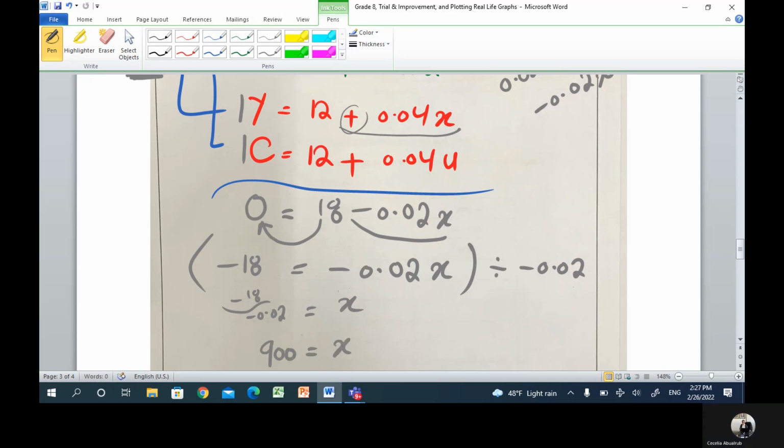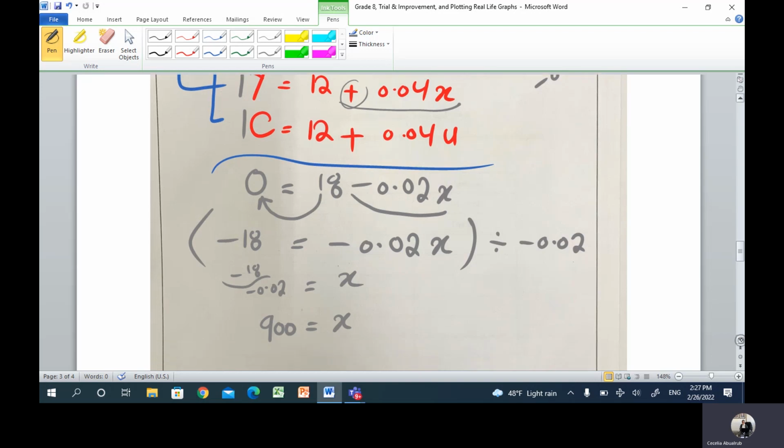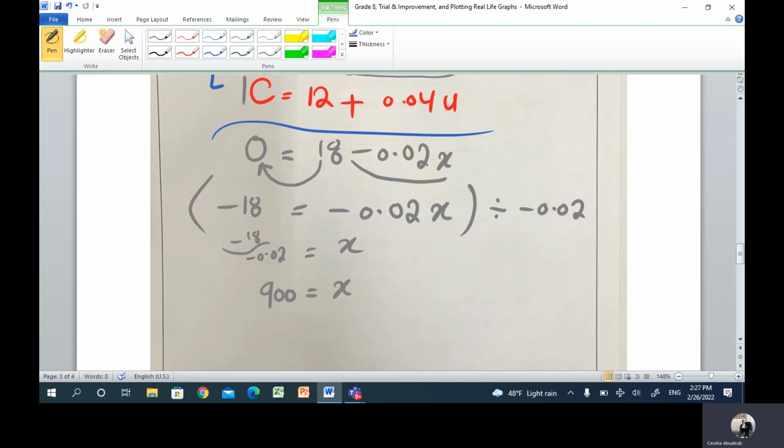900. And as we learned previously, when we find the x for any two simultaneous equations, we need to substitute it in any of the two equations in order to find y. Like we said, C here represents the y and U represents the x.